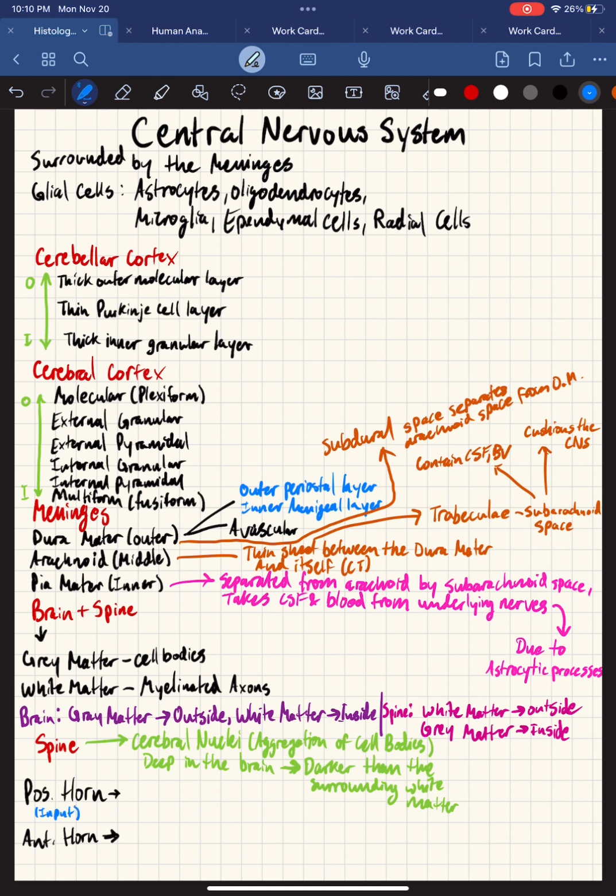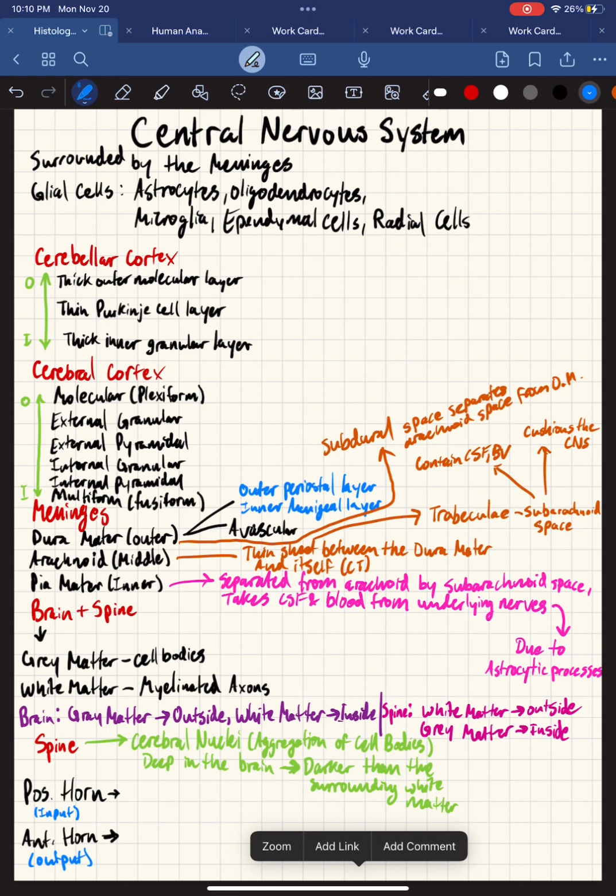So it receives electrical impulses or stimuli, and the anterior horn is typically involved in output or the transmission of stimuli or electrical impulses. And so, that being said, what do you think the posterior horn would be functional for? It would be for sensory processing, because it's getting the inputs of the sensory processes, the stimuli.